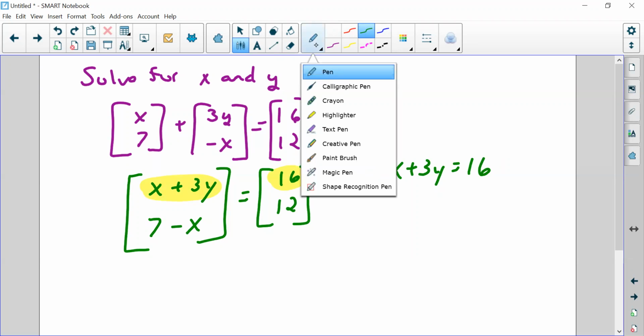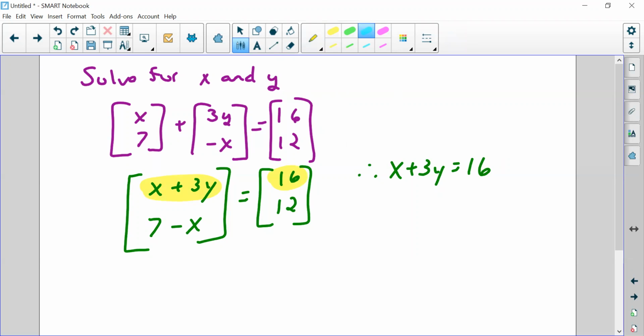I also know that this entry here, which is in the second row, first column, must equal this entry here, in the second row, first column. So I could say, I know that 7 minus x is equal to 12.